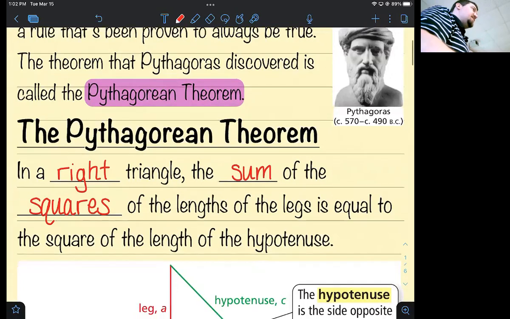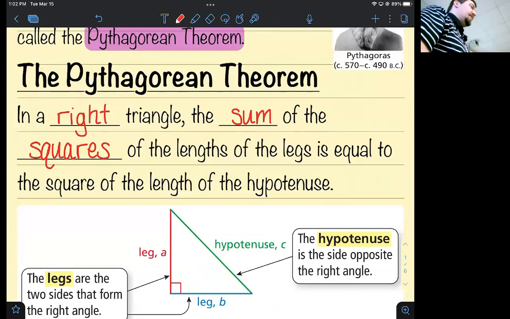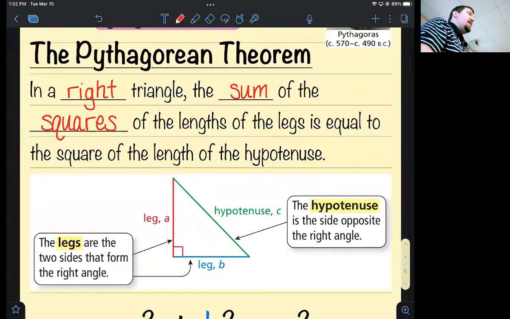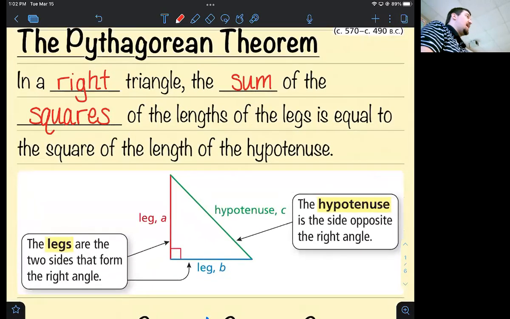And so I need to define some words here. You saw legs and you saw hypotenuse. In a right triangle, there are three sides, obviously. The two sides that make up the right angle are called legs. Always the two sides that make up the right angle. They don't always go vertical and horizontal. You can rotate a triangle, as we have a few chapters ago. It's the two sides that make up the 90-degree angle.